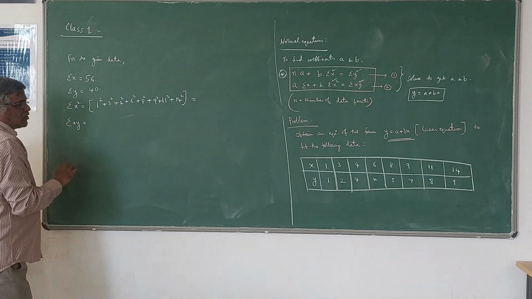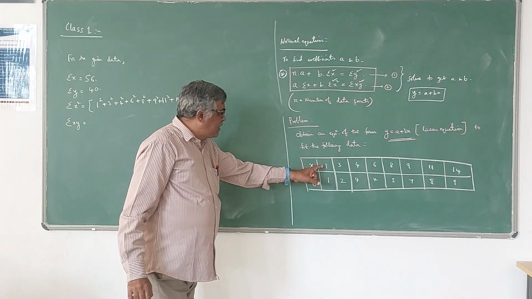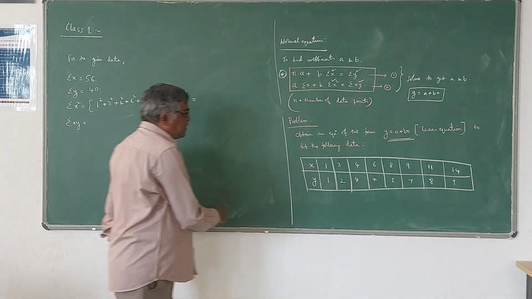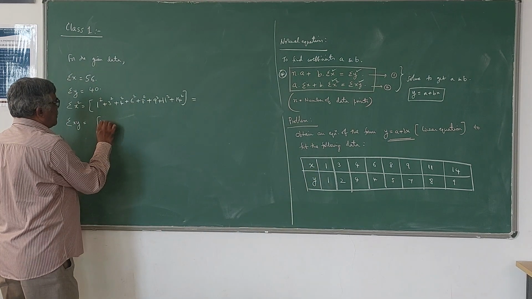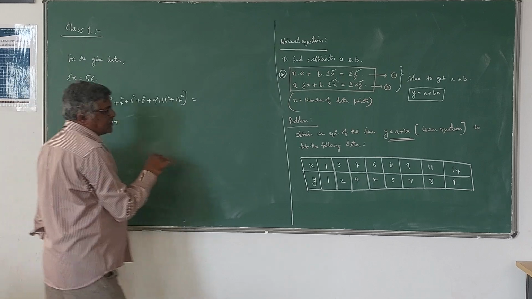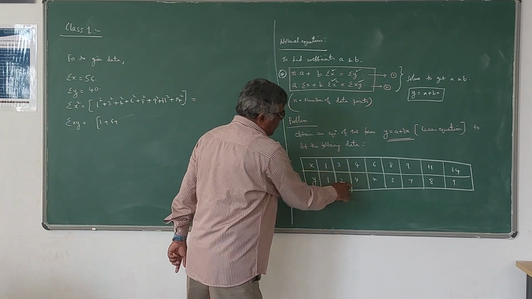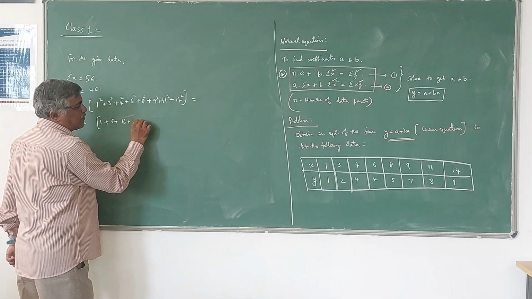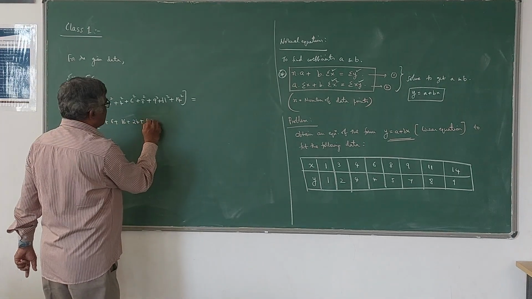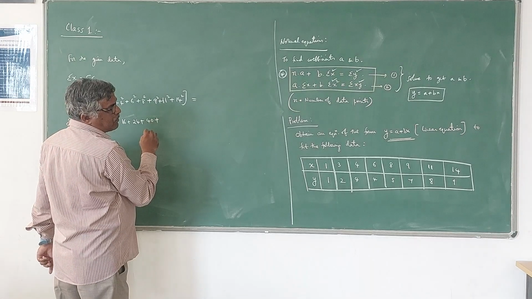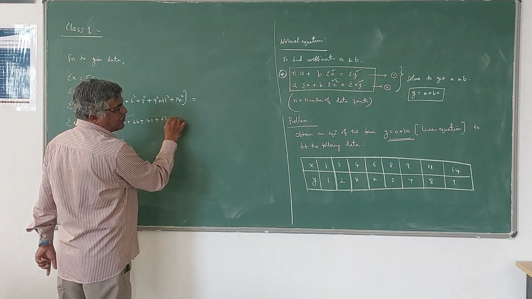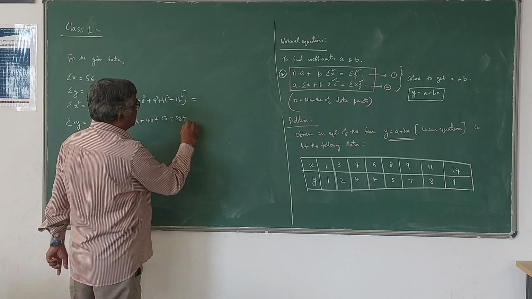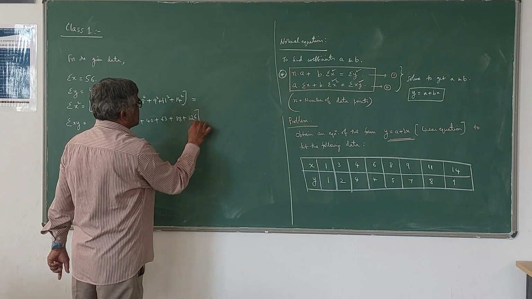The product of x and y we have to take and then add. So 1 into 1 is 1, plus 3 into 2 is 6, plus 4 into 4 is 16, plus 6 into 4 is 24, plus 8 into 5 is 40, plus 9 into 7 is 63, plus 11 into 8 is 88, plus 14 into 9 is 126.